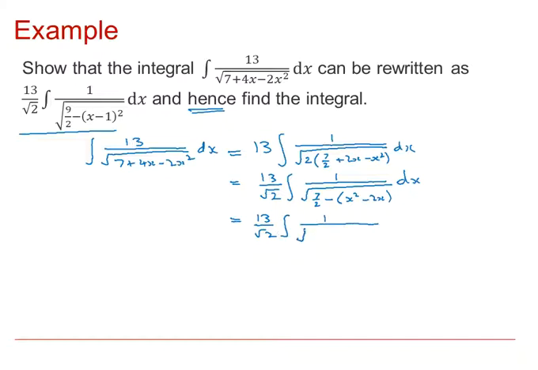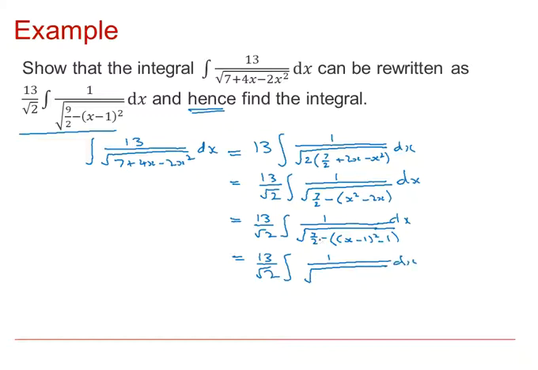Now if we have a good look at this square root again, 7 over 2 I'm happy with, minus I'm happy with, but that x squared minus 2x, I'm going to complete the square on that to get x minus 1 squared minus 1. And slowly it's getting closer and closer to an appropriate form. 1 over the square root.